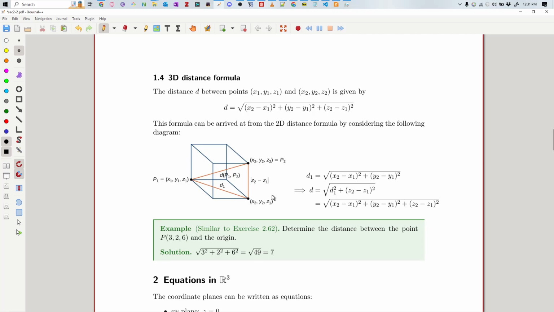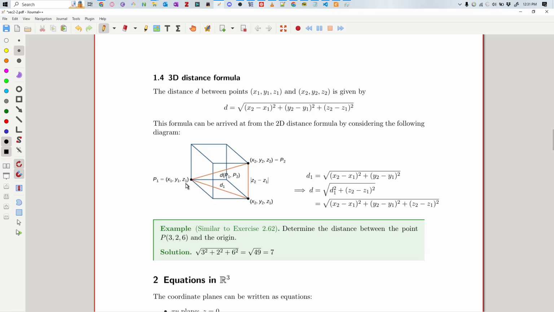So in this picture, you have P1 and P2. These are the 2 points that you want to find the distance between. And what you do is you kind of incrementally get closer to that goal. So you have this auxiliary point here, this x2, y2, z1. So notice that this point lies on the same plane as P1, a plane that's parallel to the xy plane.